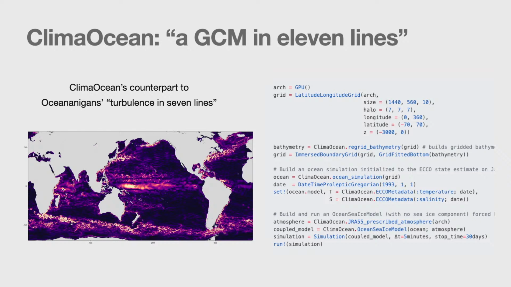So here I'm showing again an example from the ClimaOcean README, and this is our counterpart to Oceananigans turbulence in 7 lines, and I like to call it a GCM in 11 lines. And in particular, this is a quarter-degree simulation of the ocean, forced by a prescribed atmosphere that comes from the JRA55 reanalysis product.